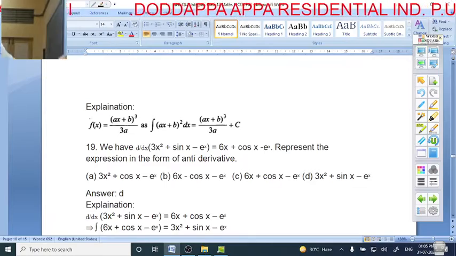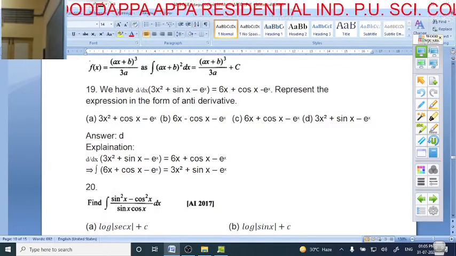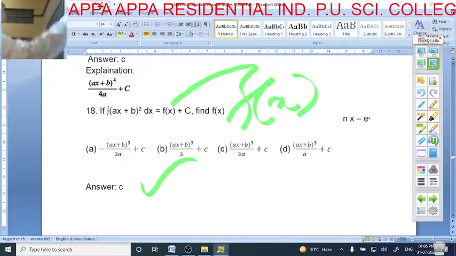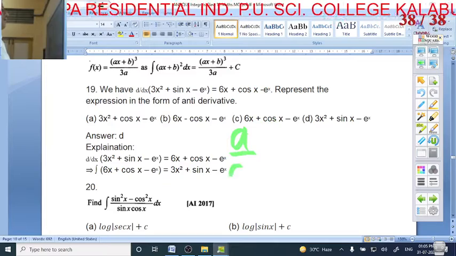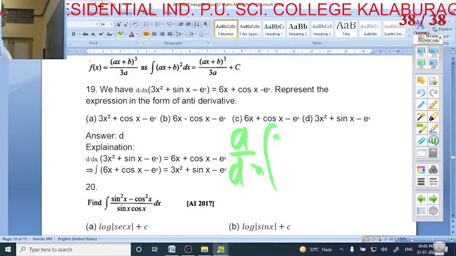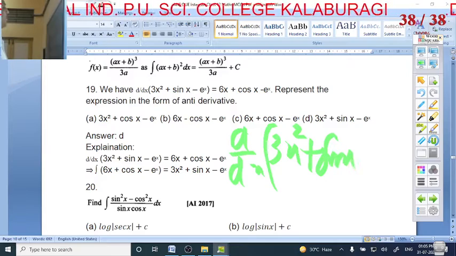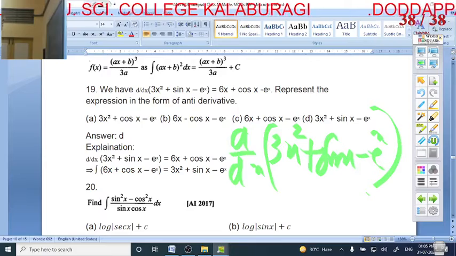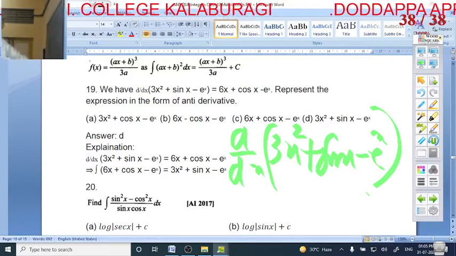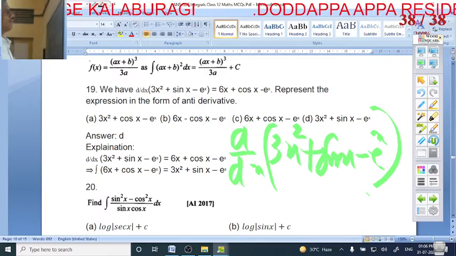Now come to the 19th example. Here he has given the quantity d by dx of 3x square plus sin x minus e to the power x, which is equal to the differentiation: 3x square gives 6x, plus cos x, minus e to the power x.